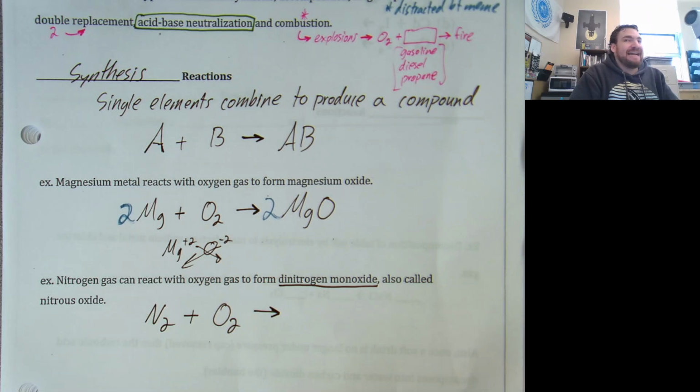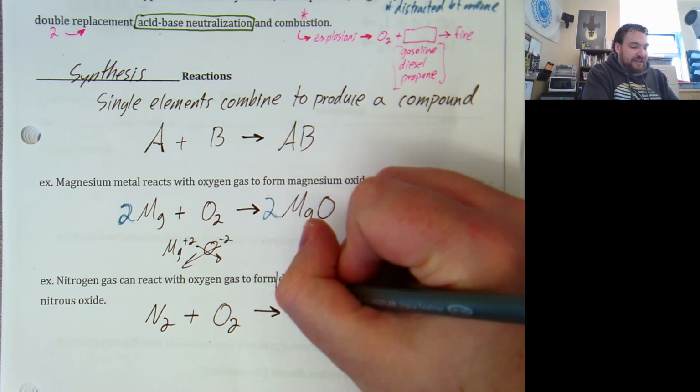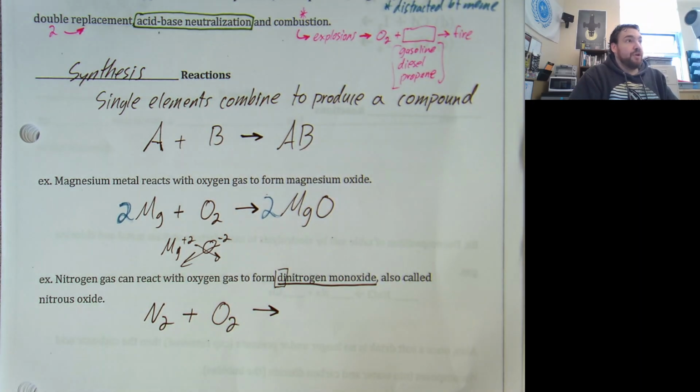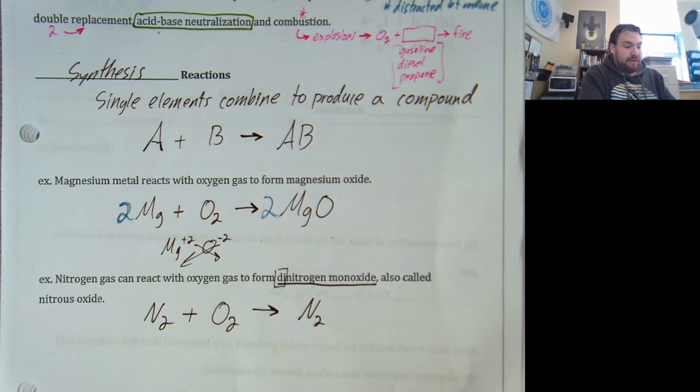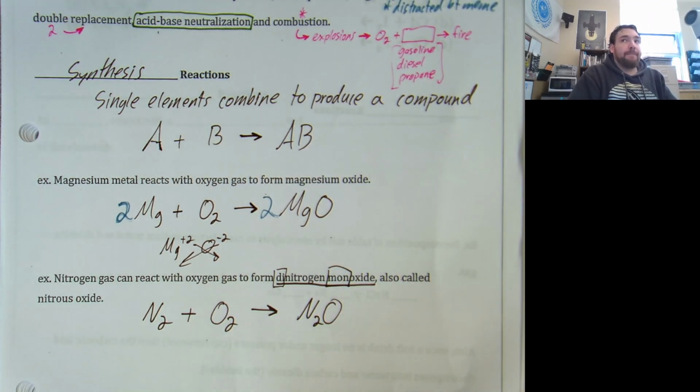What's the formula for dinitrogen monoxide? The di on the nitrogen tells you what? There's 2 of them. So it's going to be N2. And then monoxide is just going to be N2O. That's laughing gas, or NOS, depending on the situation you're in. Same compound, used both ways.